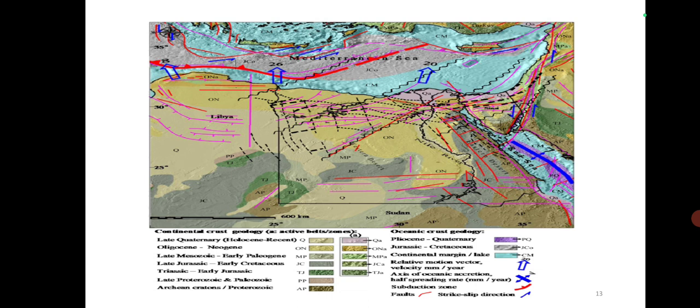This type of map helps us to identify potential hazard zones like earthquake zones, landslide zones, volcanic zones, etc. It also helps us to reduce casualties due to such natural hazards.